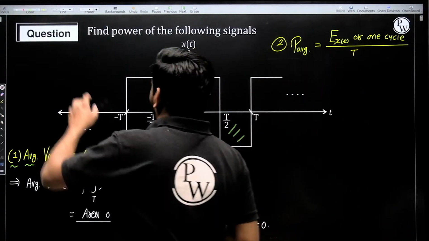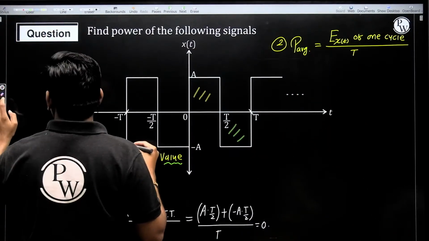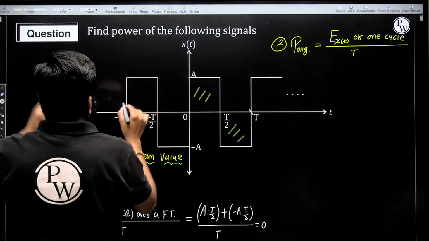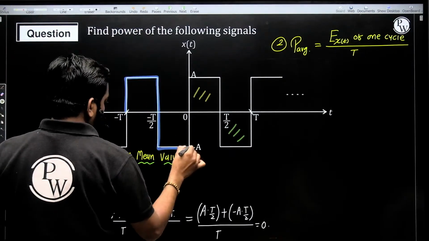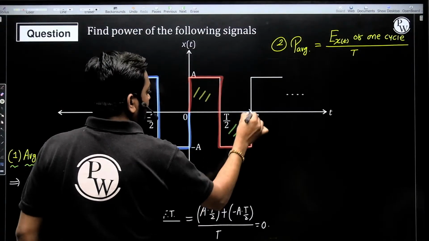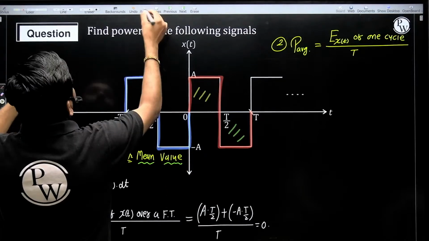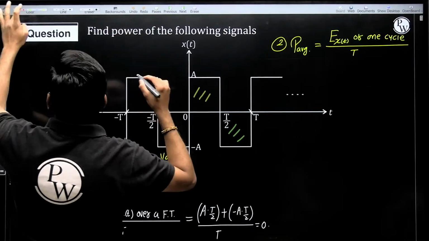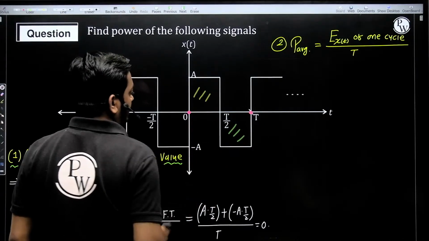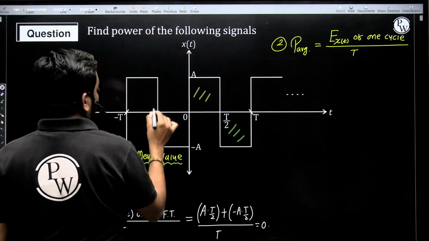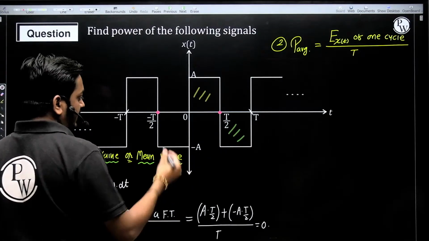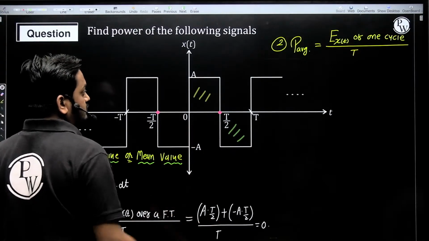The fundamental time period is capital T. Here you can see, guys, this is the first cycle, this is the second cycle, and so on. From here to here we can say is the fundamental time period, or from minus T by 2 to plus T by 2, this is also a fundamental time period. Negative half cycle, positive half cycle, this is also a negative half cycle.